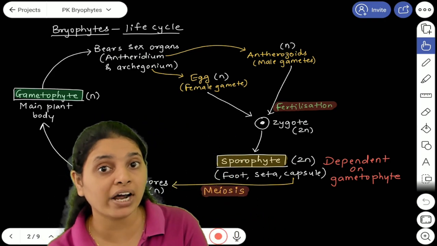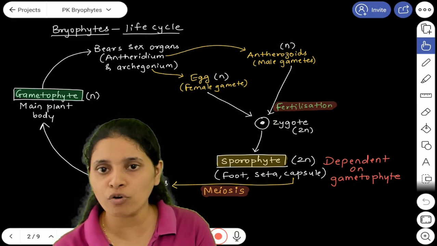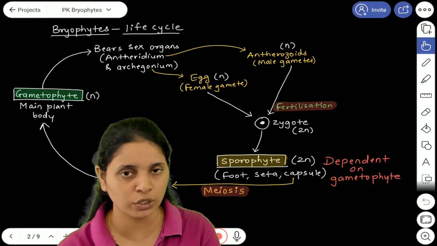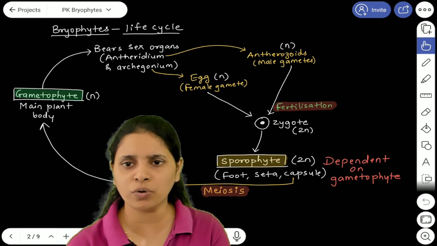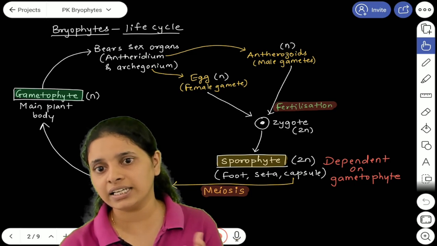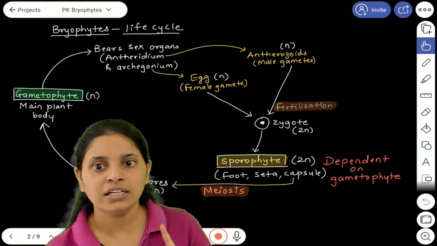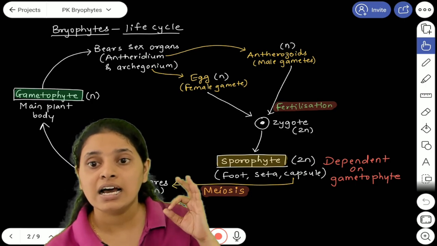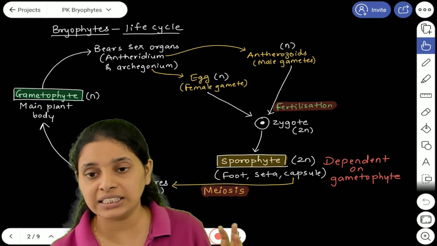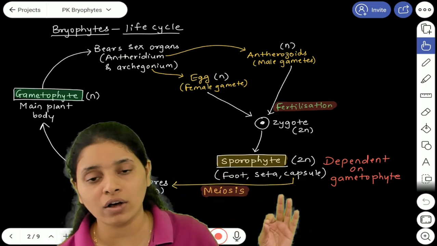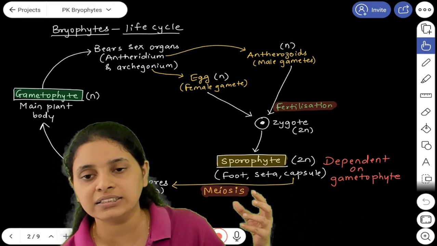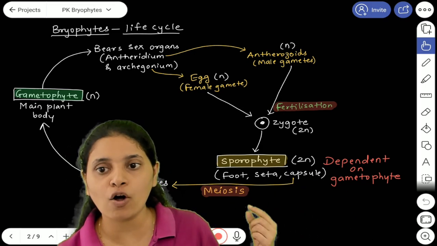It cannot survive independently. That is why this sporophyte is dependent. It is actually parasitic, or at least partially parasitic, that is semi-parasitic, on the gametophyte.